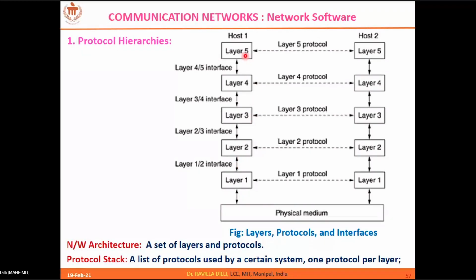So what I am trying to say here is the entire network software design is divided into multiple tasks and each task will be executed by a particular layer. Each layer is implemented with certain functions, and those details will be informed to its immediate higher layer as services, and those services will be informed through an interface.